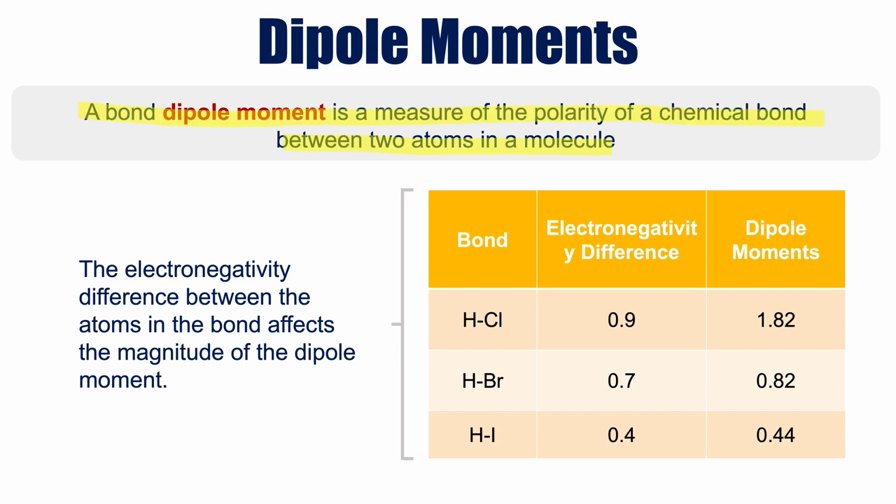This idea that not every dipole has the same exact strength or magnitude is going to become important when we look at the polarity of molecules later on in the unit.